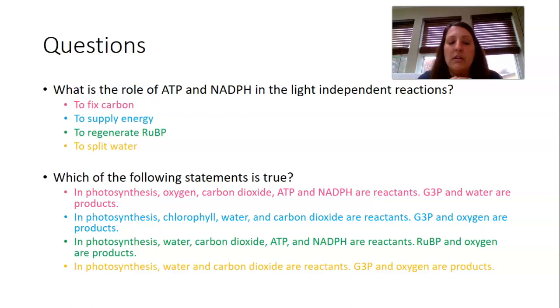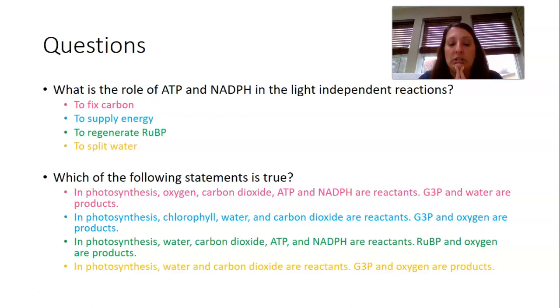Okay, so in pink: in photosynthesis, oxygen, carbon dioxide, ATP, and NADPH are reactants. G3P and water are products. Blue: in photosynthesis, chlorophyll, water, and carbon dioxide are all reactants.